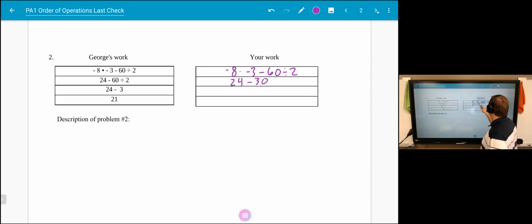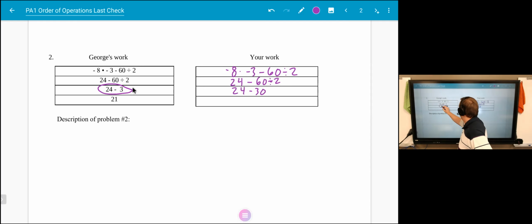Oh, wait, okay, I see what they were doing. So they did the multiplication first, and then they did division. 60 divided by 2, so 24 minus 30. Oh, I see what he did. He just made an arithmetic error, didn't he? 60 divided by 2 should be 30. He divided incorrectly, and this should give us negative 6.